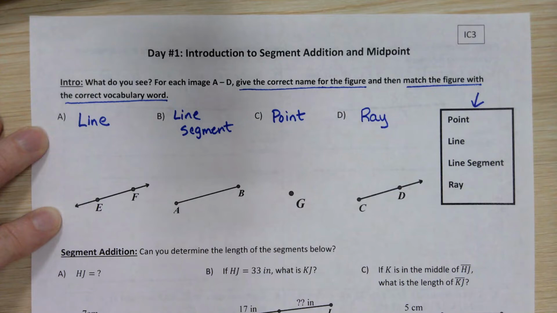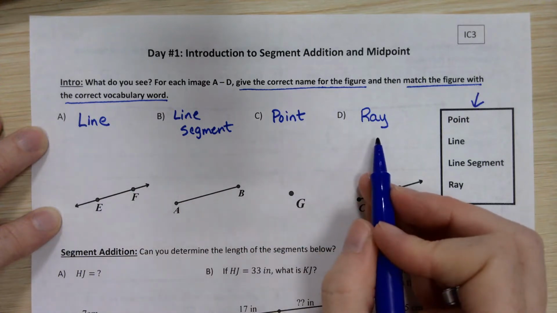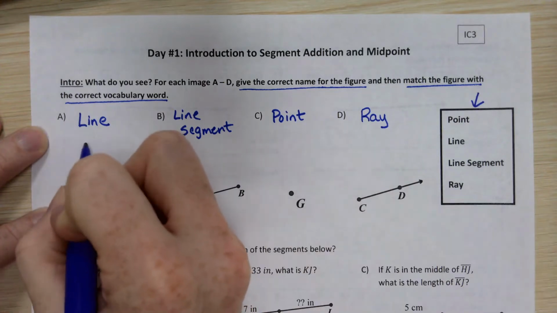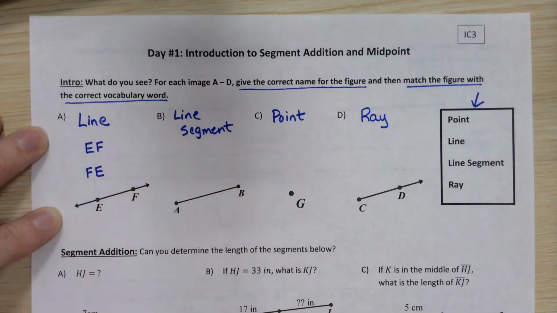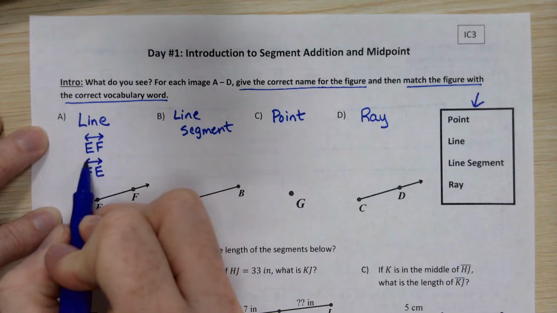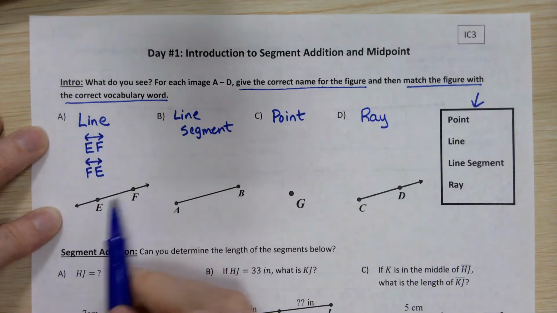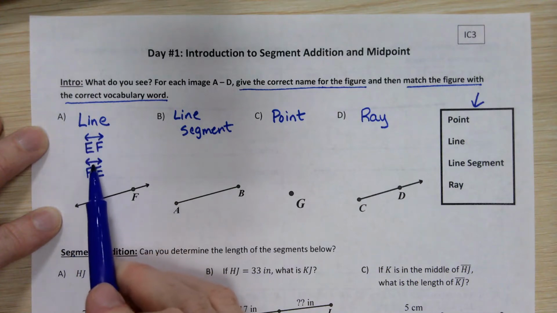If we come back through and we give these figures names, to name lines, line segments, and rays, we always need two letters. The order of the letters doesn't matter for lines or line segments. You just need 2 points that are on the line or the line segment, and then you need the correct notation above those two letters. So for a line, it can be any 2 points on the line, and then the line symbol above those two letters.